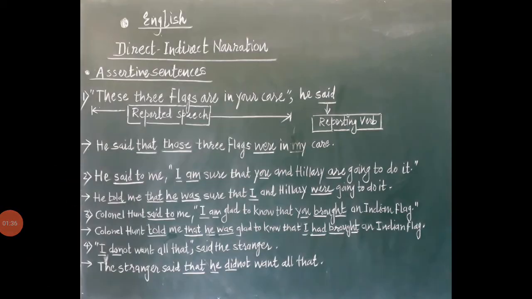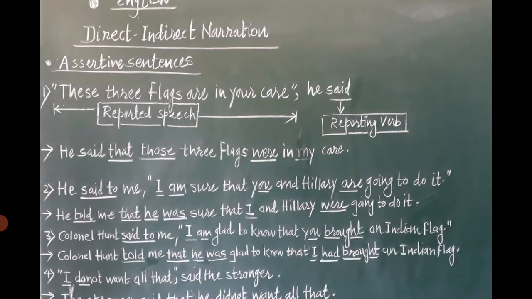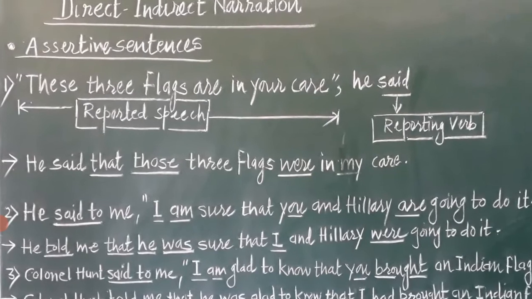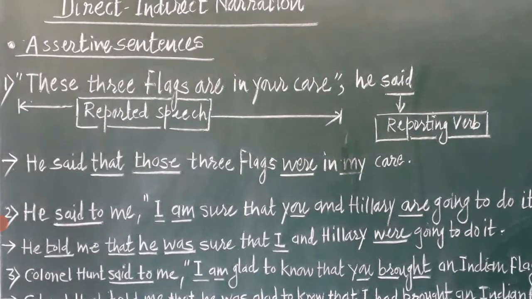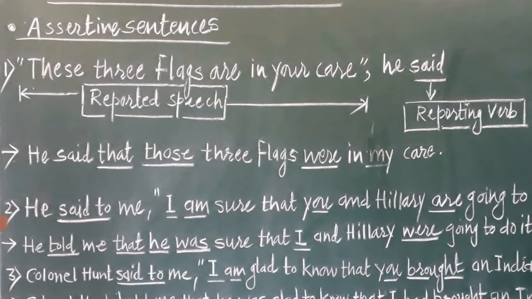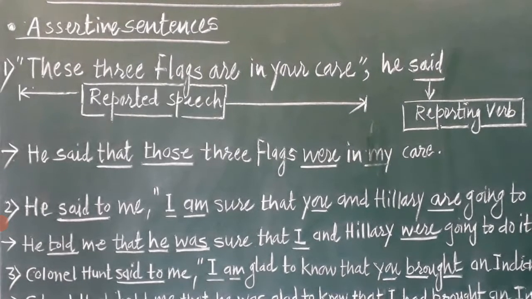Dear students, this video is about direct into indirect narration of assertive sentences. As you can see here on the screen, the first sentence: "These 3 flags are in your care," he said.